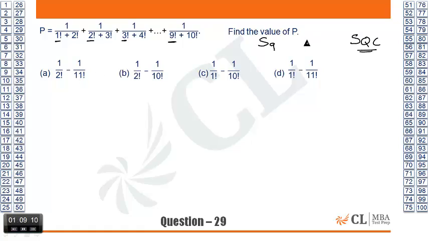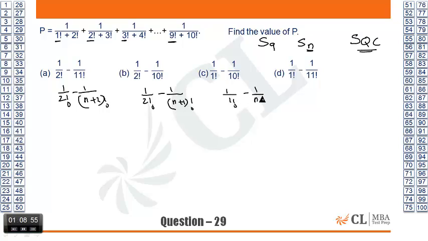So if I consider this to be Sn, this will be 1 by 2 factorial minus 1 by n plus 2 factorial. This will be 1 by 1 factorial minus 1 by n plus 2 factorial, which is actually 1 minus 1 by n plus 2 factorial. Okay, that's the general form.